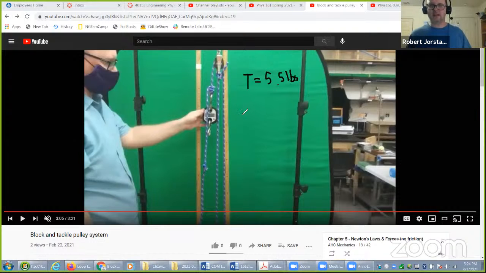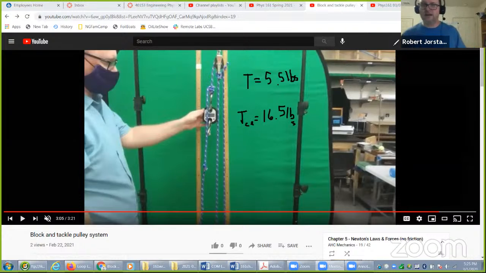We expected the tension from the ceiling should be about 3 times that. So 15 plus 1.5, so that should be about 16.5. In practice, these numbers do not exactly match up. Why? Because there's some friction in the pulleys themselves. You could argue this rope is not really a string, so maybe there's a half pound of string there that we had to lift up. So in the end, we do see that this number works out.